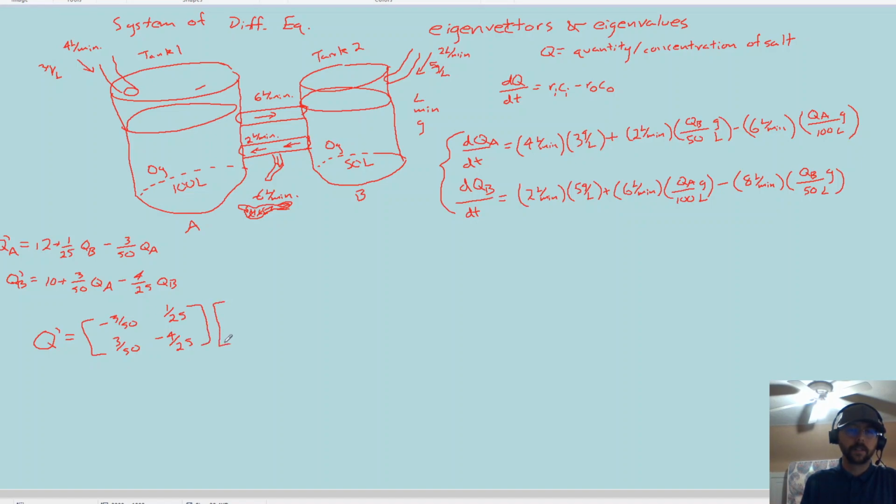Then we have at the end plus 12 over 10. And I would solve this, but I don't actually know what to do with the 12 over 10.